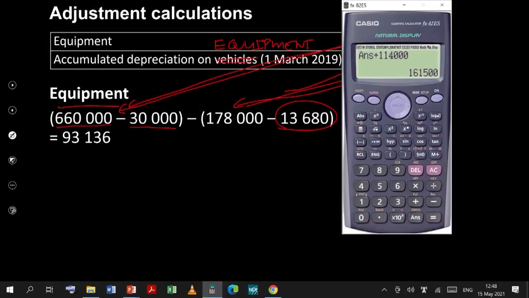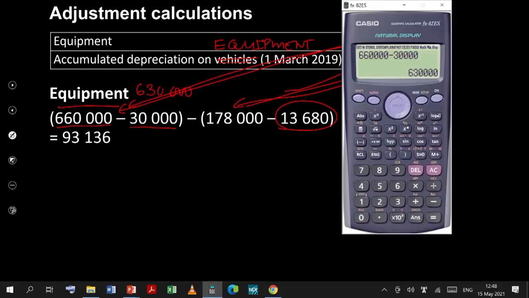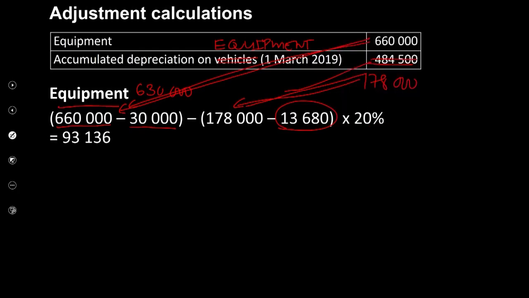Step number one, we go 660,000 minus the 30,000, and that will give you a figure of 630,000. Okay, so that figure there, the net effect of that is 630,000. Now, your 178,000 was the opening balance, 178,000 minus 13,680, and the figure there is 164,320.